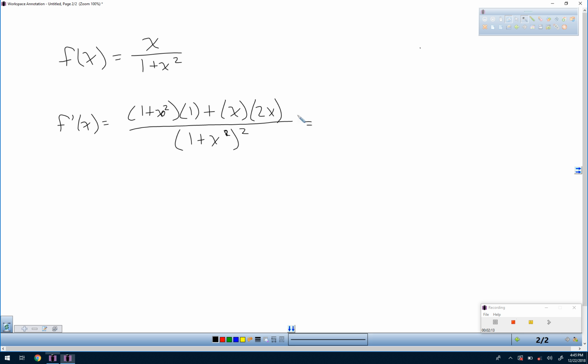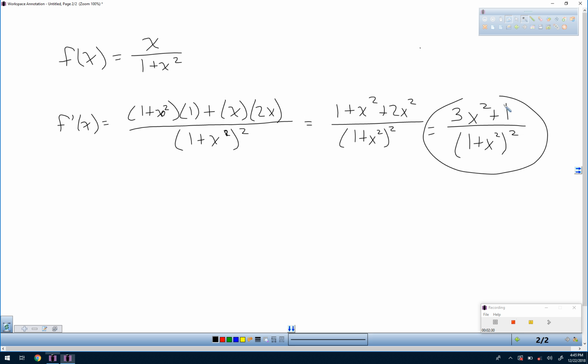And I could just clean the numerator up. That would give me 1 plus x squared plus 2x squared over 1 plus x squared squared, and that would just give me 3x squared plus 1 over 1 plus x squared squared. And that would be the derivative of that expression.